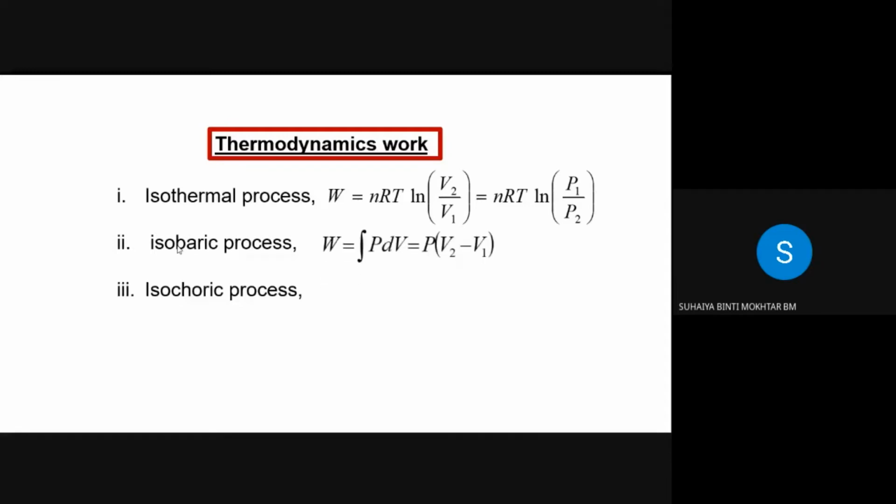Isobaric work done equals P delta V, P times V2 minus V1. Isochoric uses the same equation as isobaric, except V is constant. So V constant here gives 0. So isochoric work done equals 0.